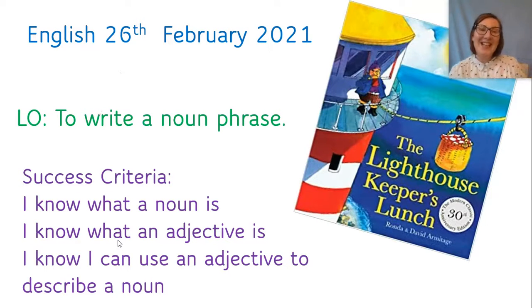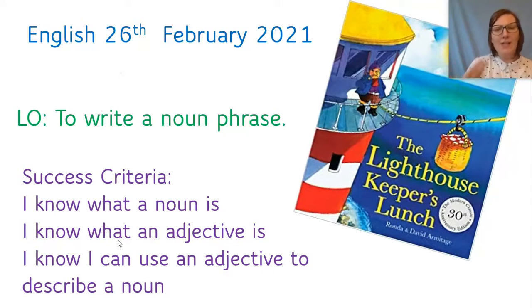Okay, then, now today we're going to be writing some noun phrases. Now, to be successful in this, we need to know what is a noun, what is an adjective, and know that you can use a noun and an adjective together to create a noun phrase. And the adjective will describe that noun.